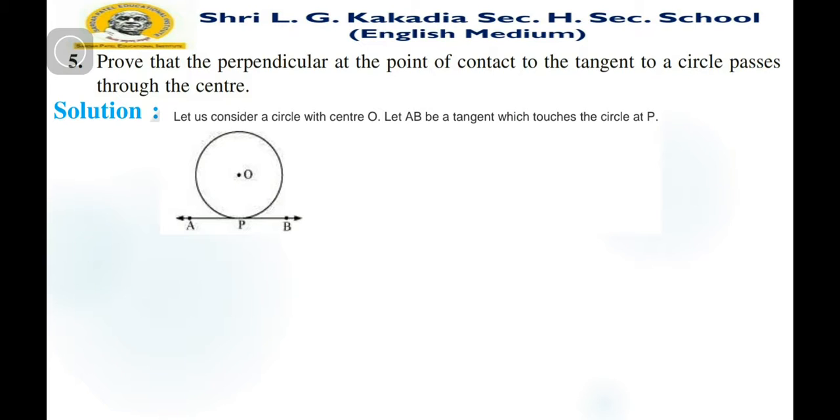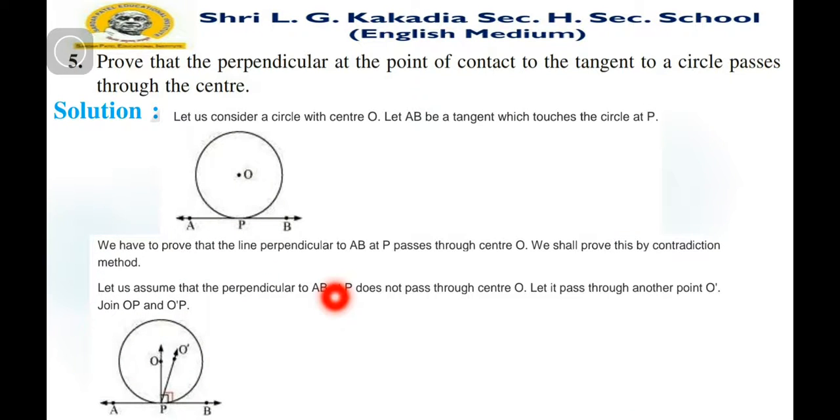So we have to prove that the line perpendicular to AB at P passes through the center O. We shall prove this by the contradiction method.